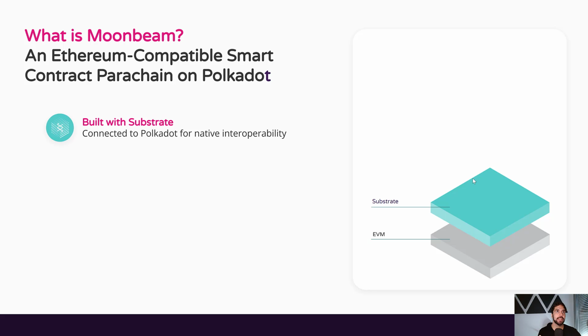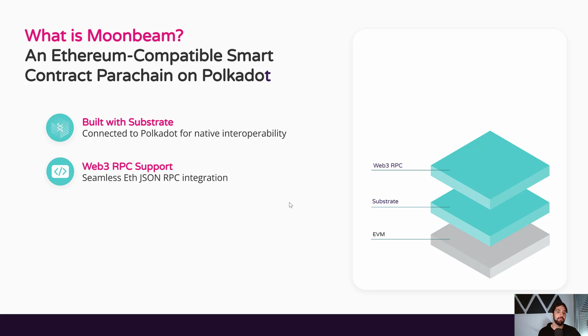One of the bigger benefits of using Substrate is that it allows you to really easily build a blockchain and connect to Polkadot natively, and benefit from the native interoperability. You can also build blockchains with your own SDK or language, but then you need to follow certain guidelines that Polkadot needs in order to connect to it, and it's a little bit more complicated.